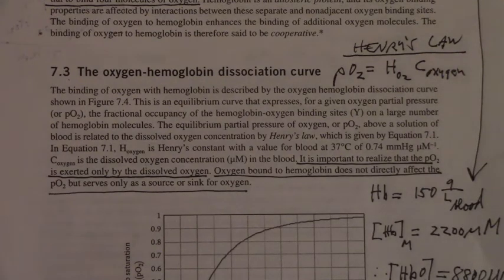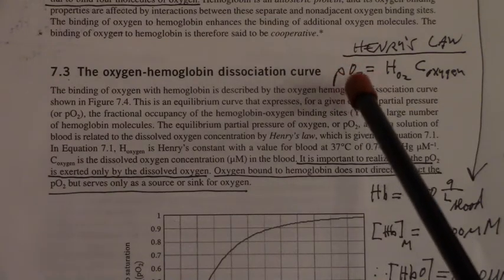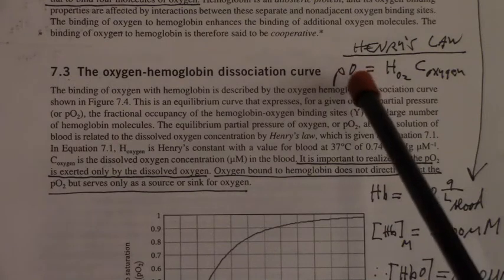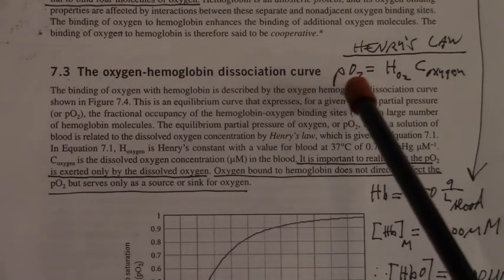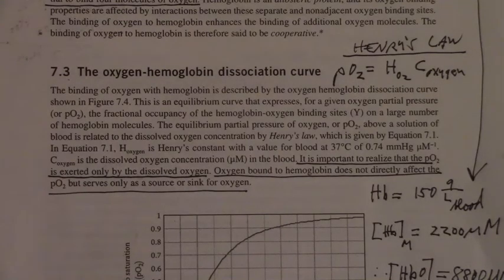So micromolar is our oxygen concentration, and our PO2 is expressed in millimeters of mercury. And remember that the PO2 of a gas is just the mole fraction of oxygen in the gas times the total pressure. So for air at atmospheric pressure, the maximum PO2 would be about 160 millimeters of mercury.